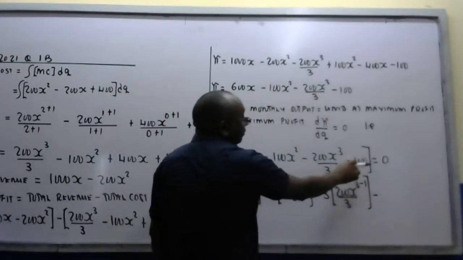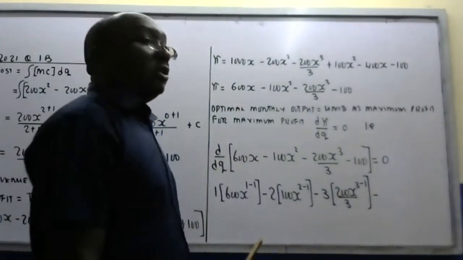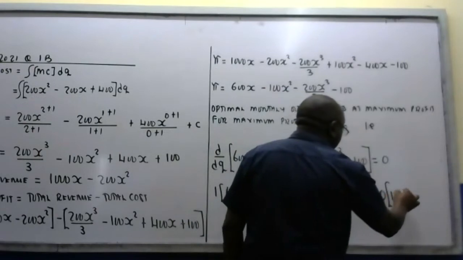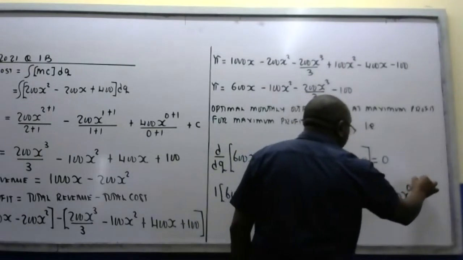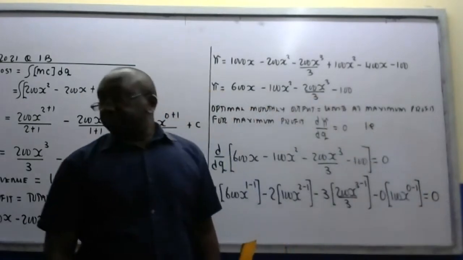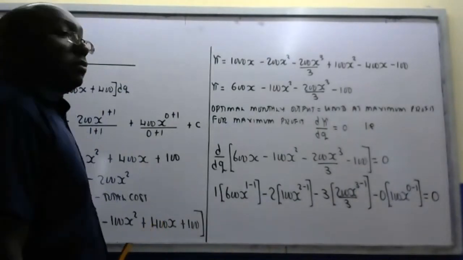Then this one, I have told you, it has x raised to power 0, so it will be 0. And you're saying this should give us 0.